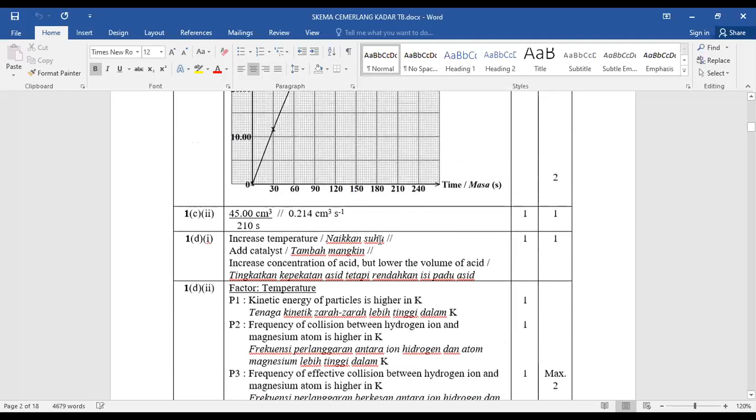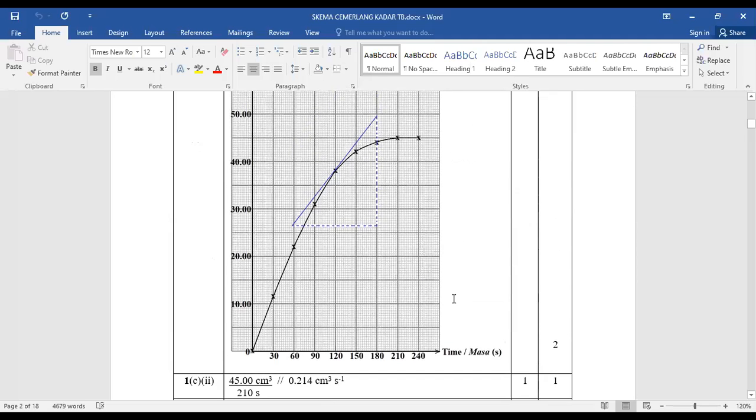Now I go back to the part on the instantaneous rate of reaction. Just now they asked us to get the rate of reaction at 120 seconds. So we go up. Now this is the point.